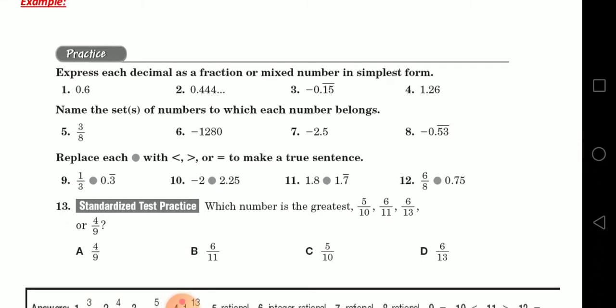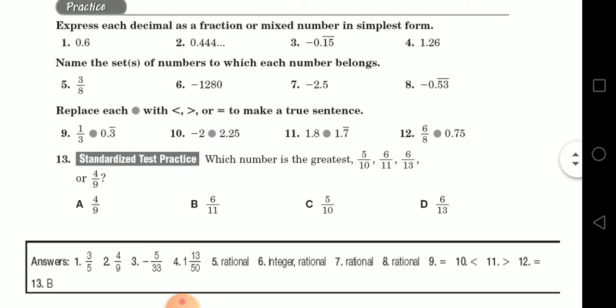Okay, guys, let's practice this one. Express each decimal as a fraction or mixed number. Number one, 0.6. What do you think, guys? Express the decimal as a fraction. 0.6, how can I do this one?